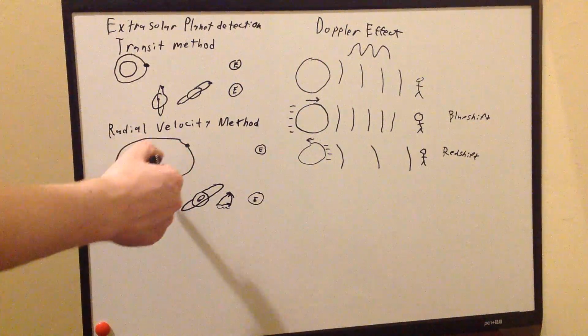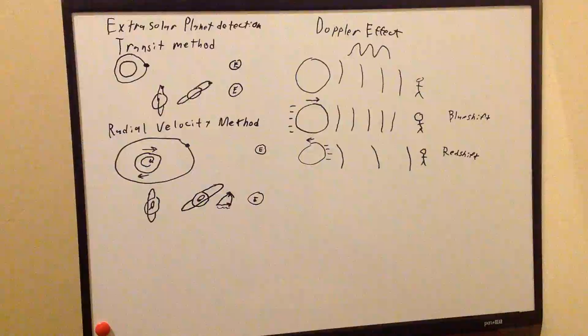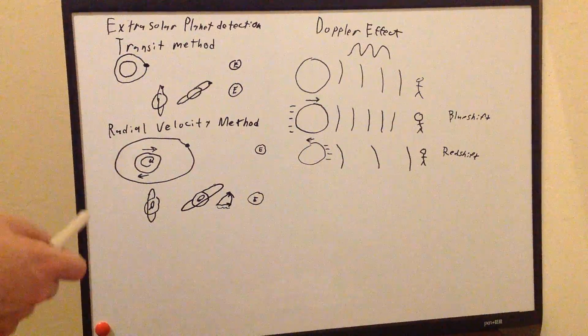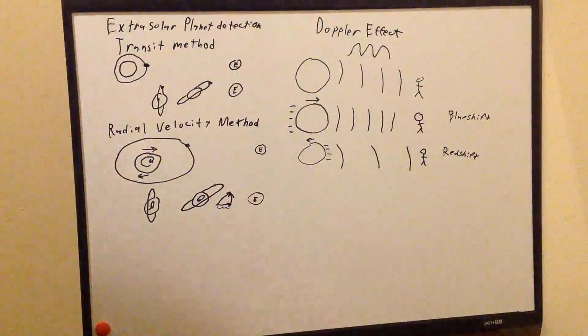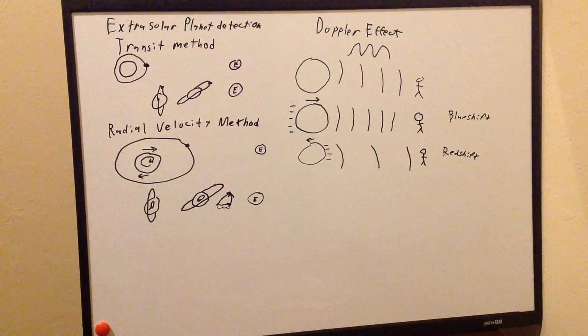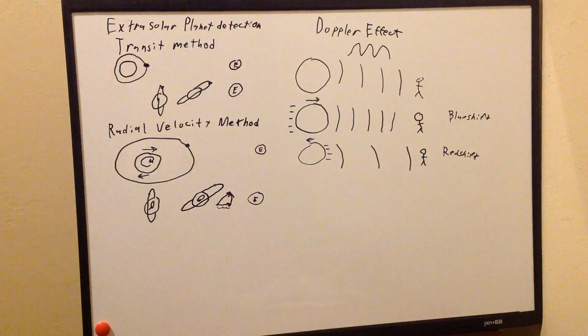And with the radial velocity method, if the planet's really big and really close to the star, that's going to make the star's orbital motion faster, bigger, more dramatic from the stronger gravitational influence, so it's going to make the radial velocity method easier too.